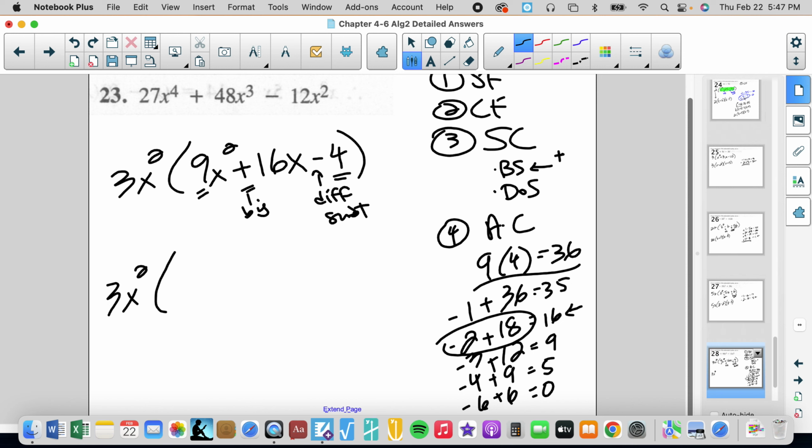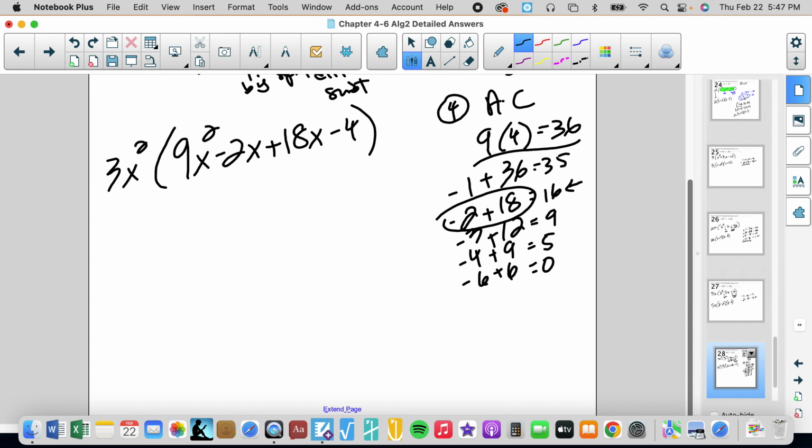Since this is a times c, we're going to split our middle. So we just pull down 9x squared minus 2x plus 18x minus 4. Now we're going to factor by grouping. We're going to group the first two, group the second two. We're going to look for a GCF of those.